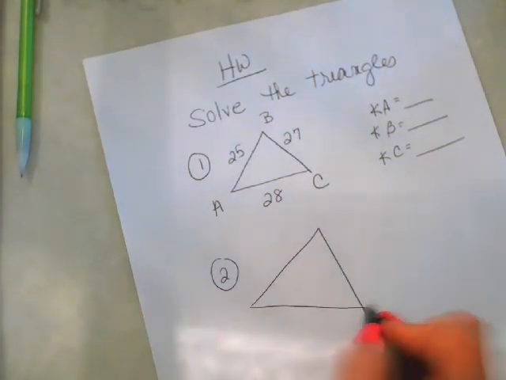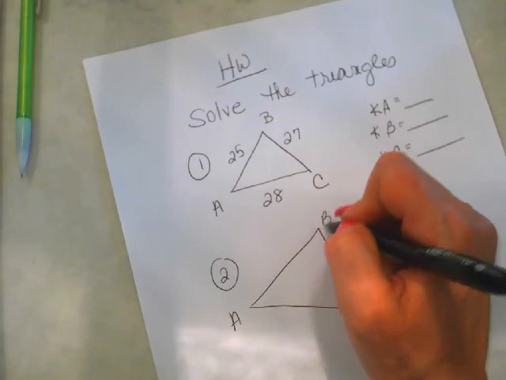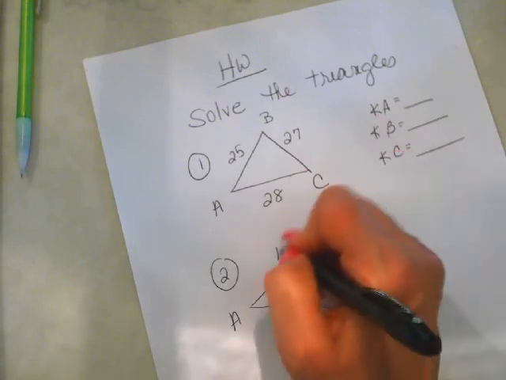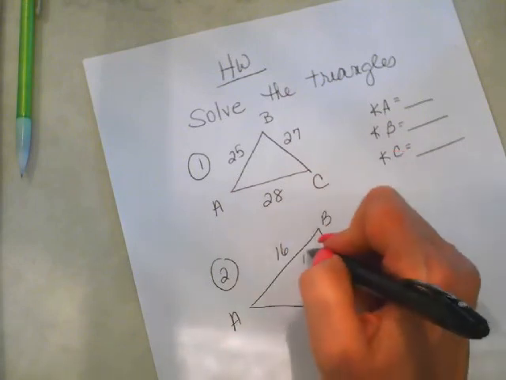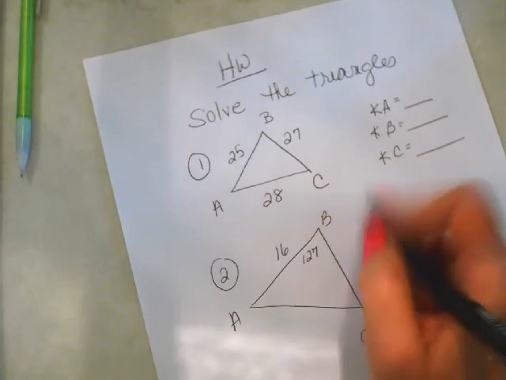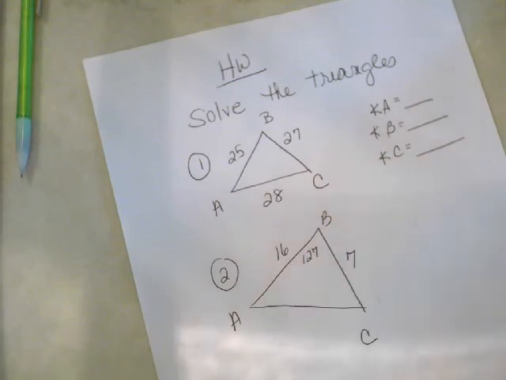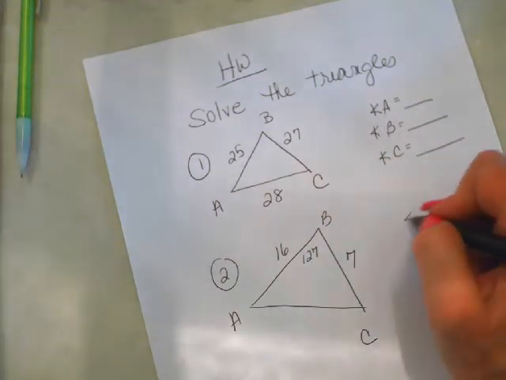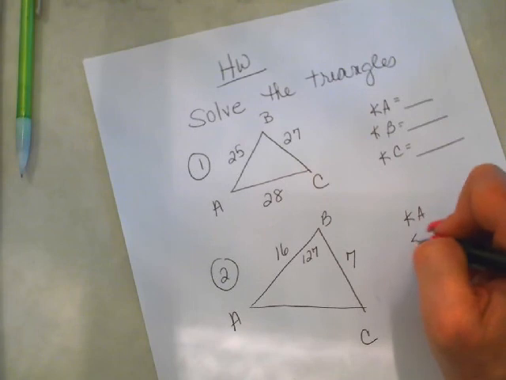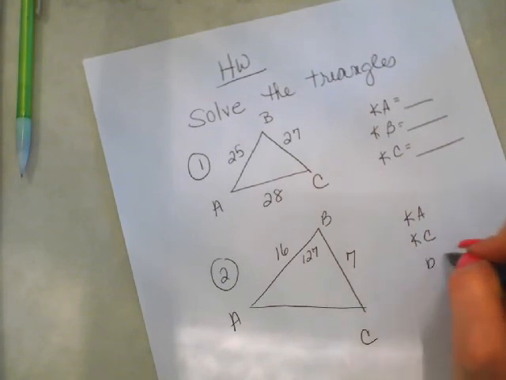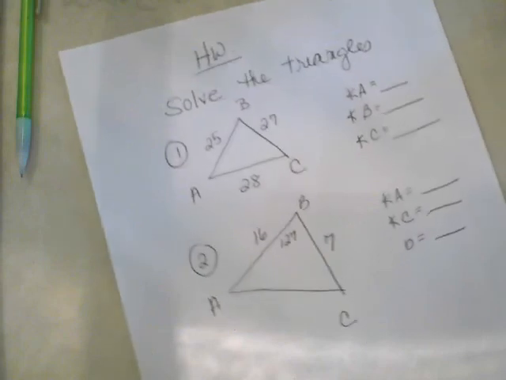And then, if I gave you A, B, C, and I told you this was 16, this was 127, and this is 7. Okay, this is your side angle side. You need to find angle A, angle C, and side B.